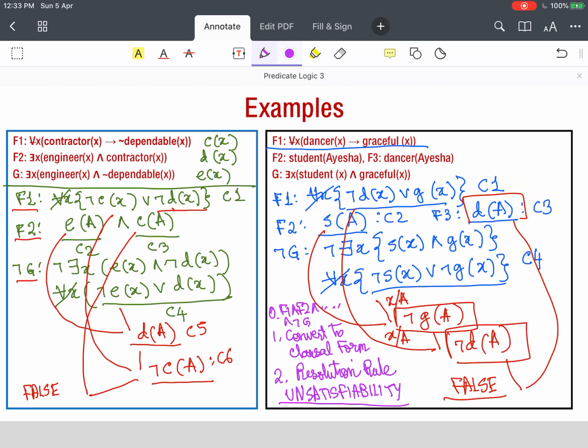As we mentioned in the previous class, first order predicate calculus and this resolution rule is semi-decidable in the sense that if the set of clauses are unsatisfiable, this will terminate in finite number of steps and prove it to be unsatisfiable.